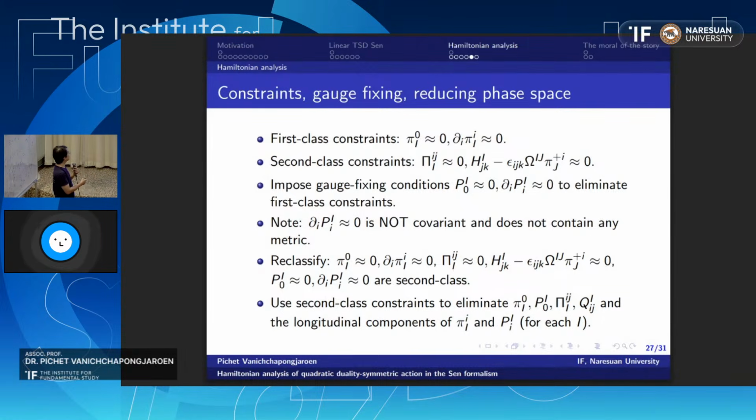But it is not covariant, but it can be used to eliminate the first class constraints in the standard way, as in Maxwell theory, so that now all of the constraints become second class constraints, and then we can solve all these to eliminate some components of the phase space variables. We eliminate these and also eliminate longitudinal components of pi and p for each I.